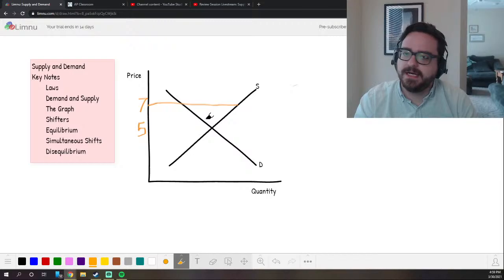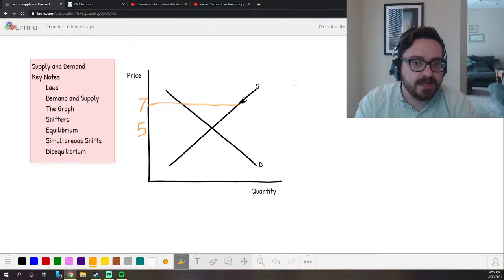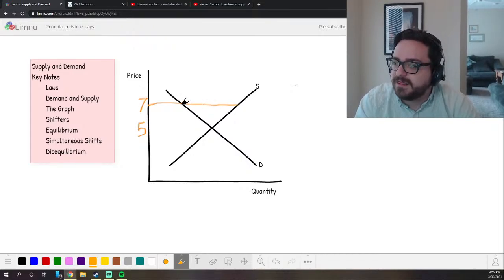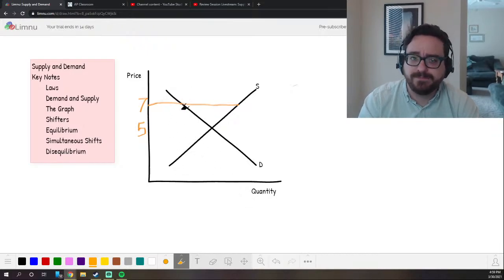Price is too high. I can tell that just based off of how numbers work. But graphically, what's going on? Well, graphically, I'm right up here, which is to say I'm at two spots. I'm not at one spot. I'm hitting that spot on my demand curve, that spot on my supply curve. On my demand curve, the quantity is lower than what it would be at equilibrium, which makes sense. The price is too high. People don't want to buy it.